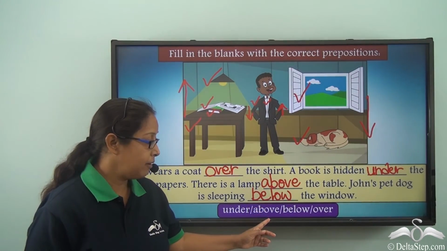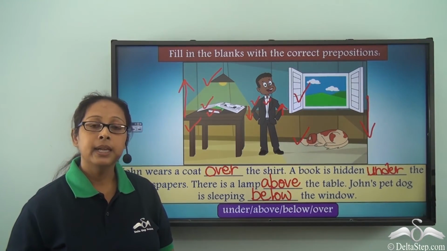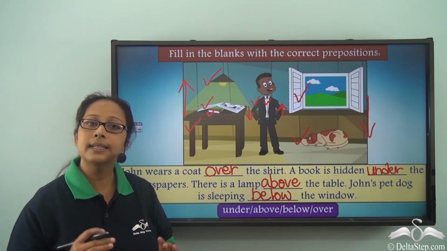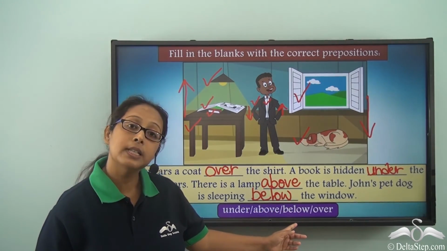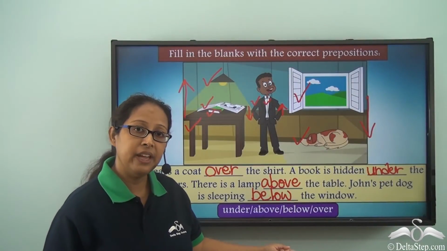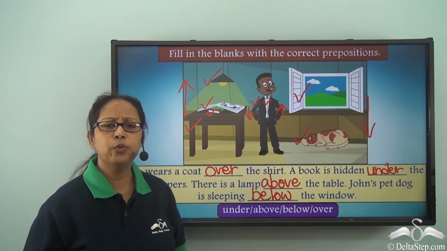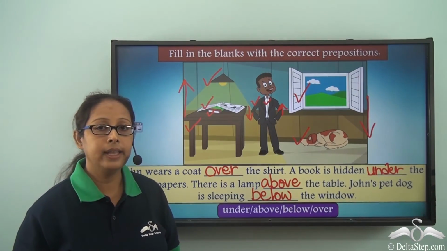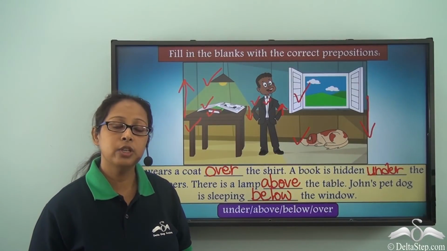When we say above, we are talking about something being at a higher position, but it does not mention that it is covering it in a way. The next preposition is below. Below means lower than, and the last one that we have done is over. When we say over, what do we mean? We are saying it is higher than something, or we are talking about motion when we use over here.